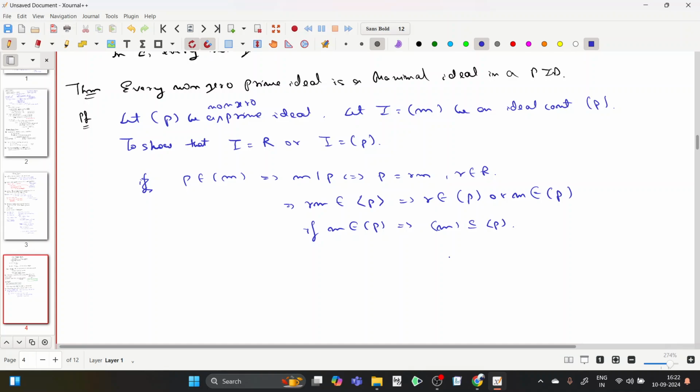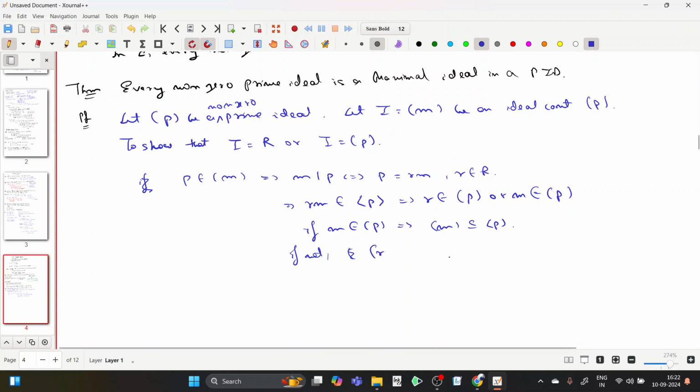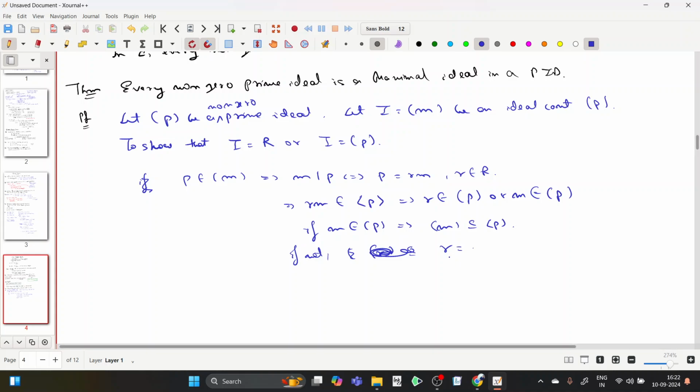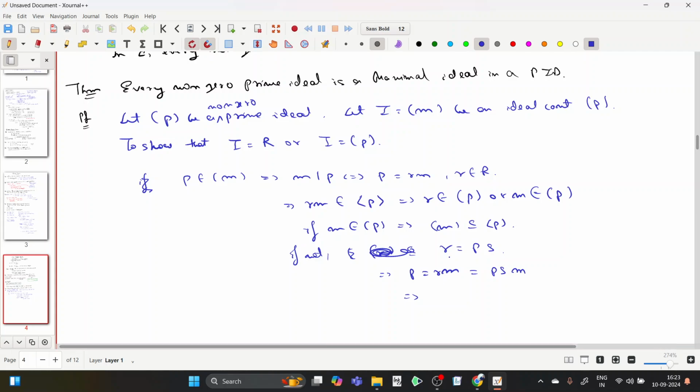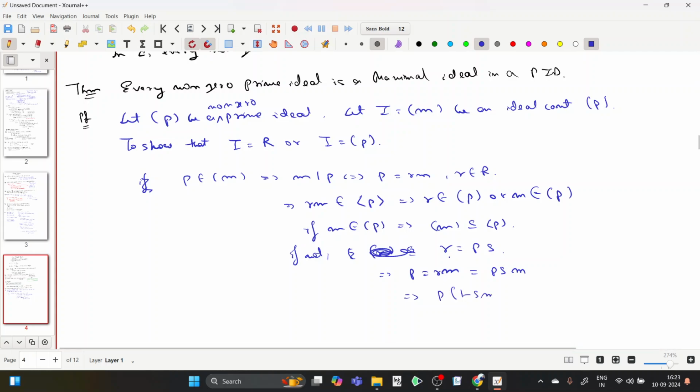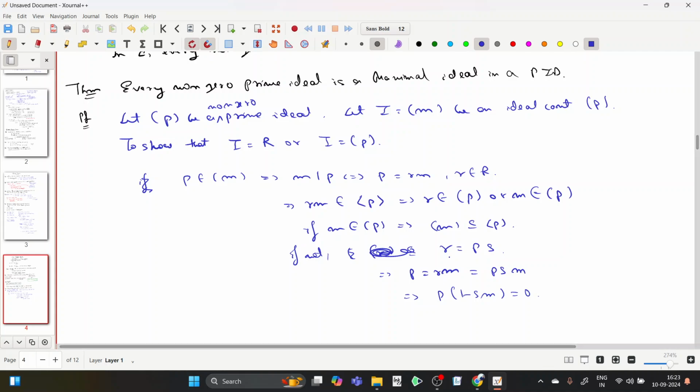If not, then let me write r to be ps, because r is in the ideal generated by P. This implies that P, which was initially equal to rm, is exactly equal to psm, which implies that P times (1 minus sm) equals 0.